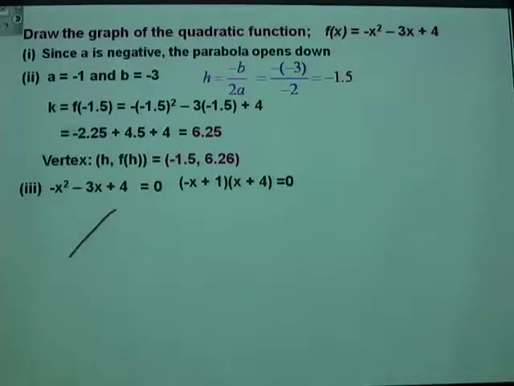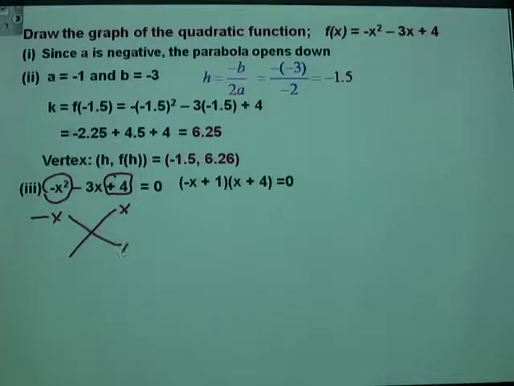Now what you need to do is, look at the x I am putting. Now factor the first term of the quadratic, negative x squared. It can be factored as negative x times positive x. And the last term, plus 4, can be factored in many ways.